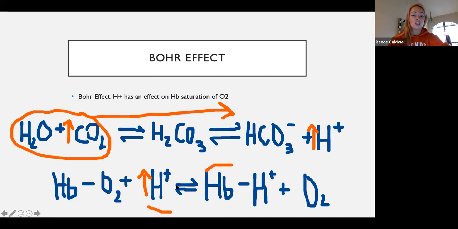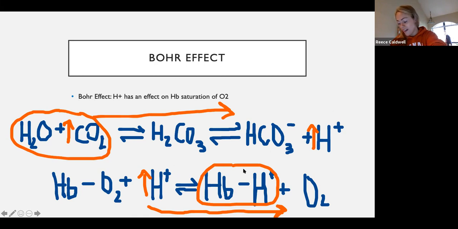And this is important to note, whenever we accumulate hydrogen ions, we favor the dissociation of oxygen from hemoglobin. And whenever we dissociate oxygen from hemoglobin, we begin to release more oxygen. When we release more oxygen, we have a decreased affinity for O2, which causes a right shift.